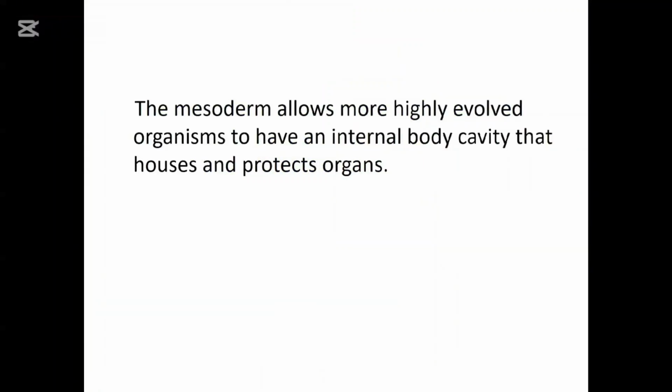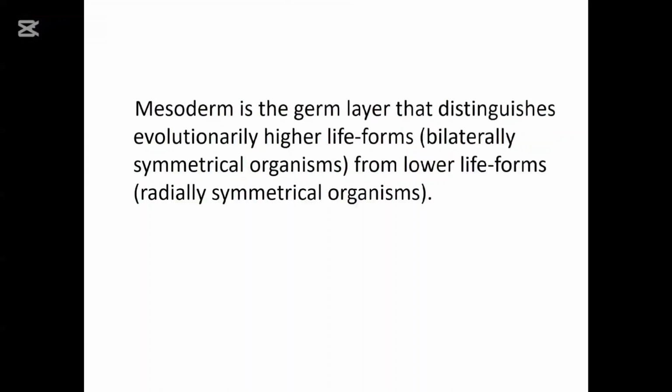Mesoderm is a great step in evolution. It allowed more highly evolved organisms to have an internal cavity that can hold and protect organs because it is the layer in the middle. Mesoderm is a germ layer that distinguishes a higher form of life. We call it bilaterally symmetrical life, from lower life forms, radially symmetrical life.